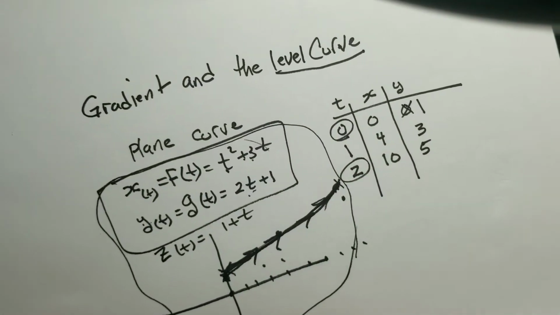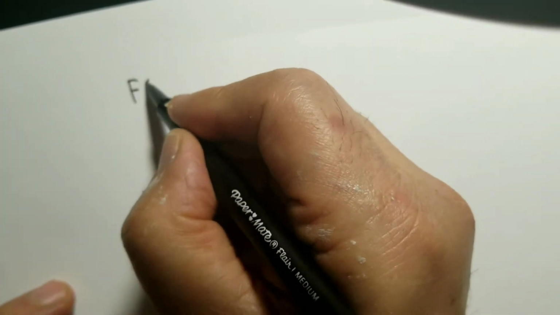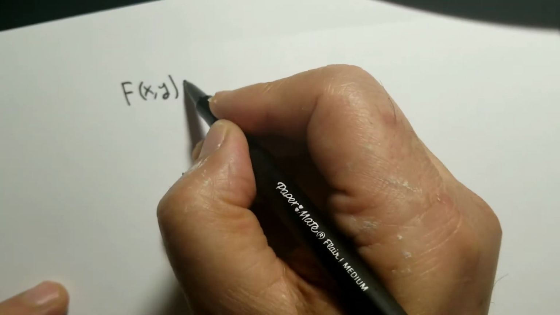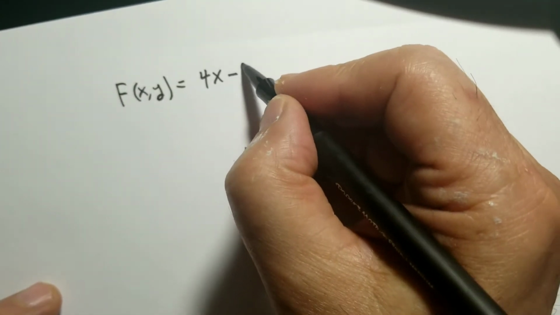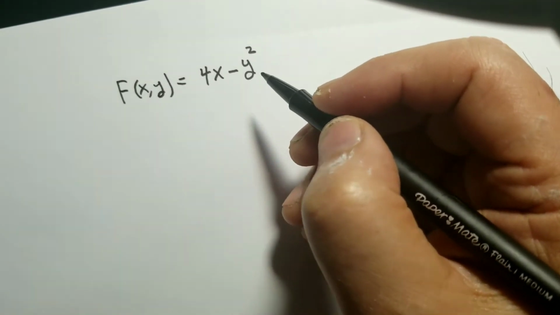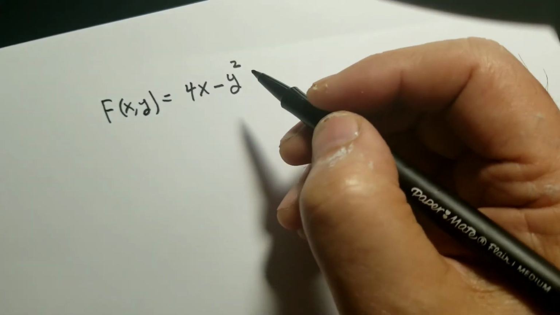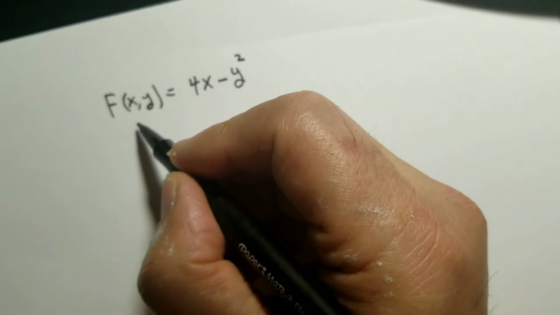Okay, at least we have some idea about plane curves and space curves. But on many occasions you have a function of 3 variables, maybe such as 4x minus y squared. Here, there is a quantity that depends on x and y, and that quantity I'm going to call z.